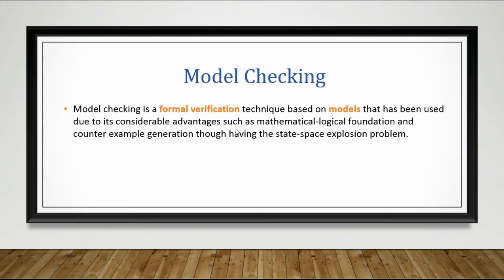It is one of the formal verification techniques based on the model, based on modeling. Some formal verification methods are based on pure mathematics, but here it is based on modeling. It is also based on some mathematics, because we are not only using a model: later, when we want to check some properties, we should write them in mathematics.